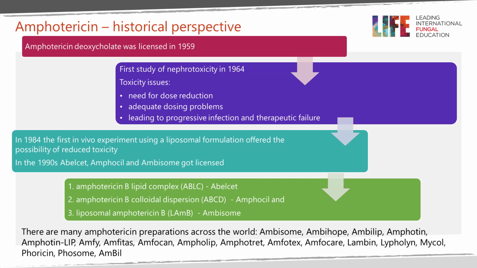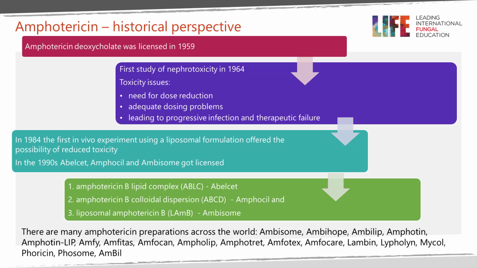Around the mid-80s, in 1984, we had the first experiment using liposomal amphotericin. This liposomal formulation allowed amphotericin to be delivered in a lower dose, reducing the toxicity without leading to treatment failure.